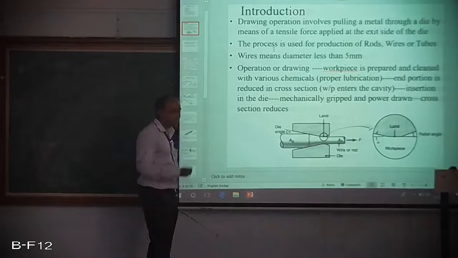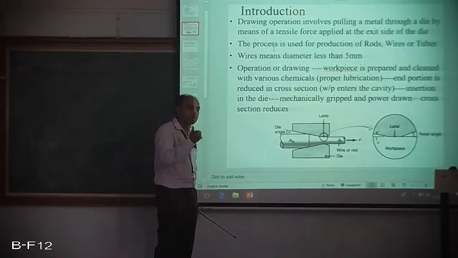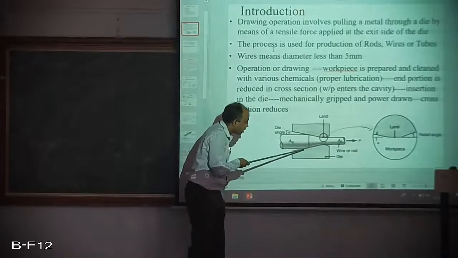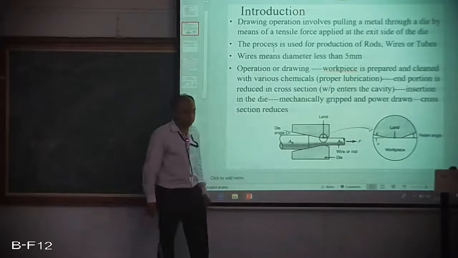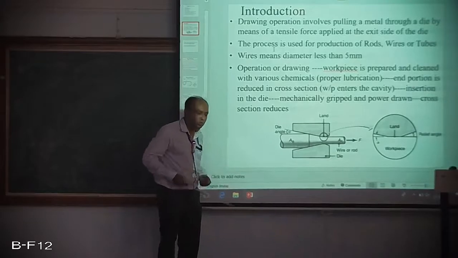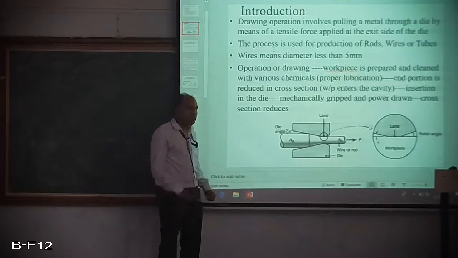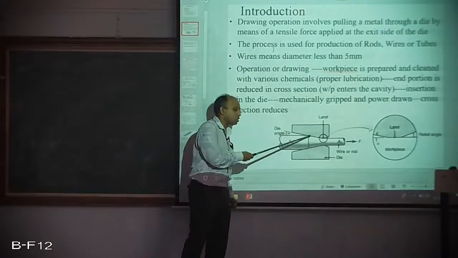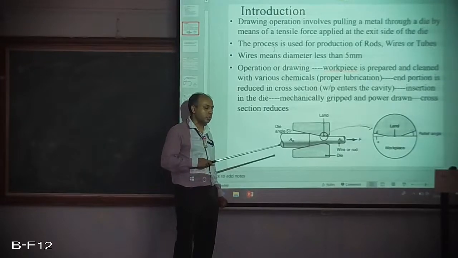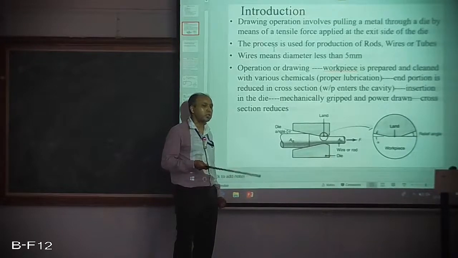It means contact is more and there will be higher friction. If friction is high, more effort is required to draw the material. So very low angles are also undesirable. If there is high friction, the frictional work component is more.